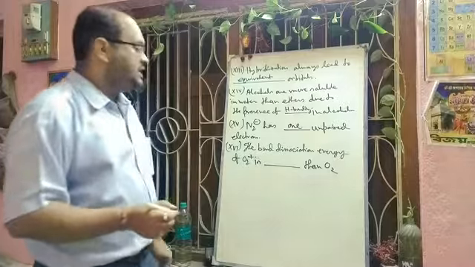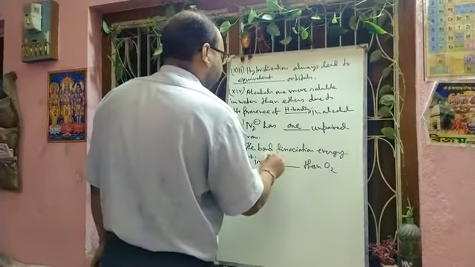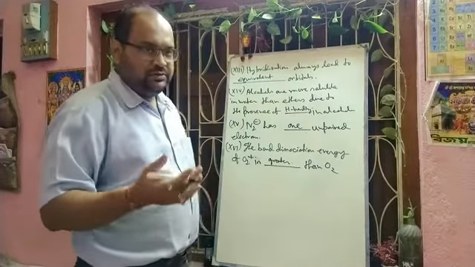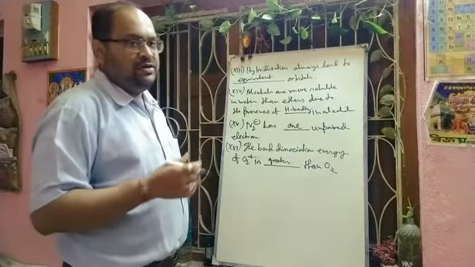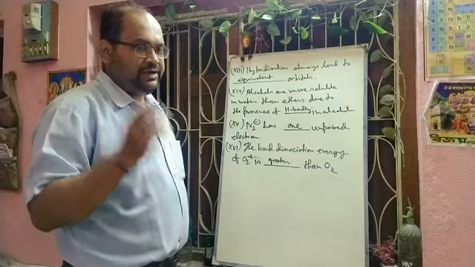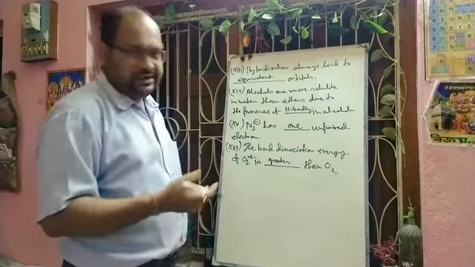Definitely the bond dissociation energy of O2 plus will be greater because of higher bond order. When we are drawing the MO diagram of O2 plus, in case of O2 there will be 2 electrons in the antibonding level, one will be eliminated, that is why bond order will increase, so bond dissociation energy will be greater.